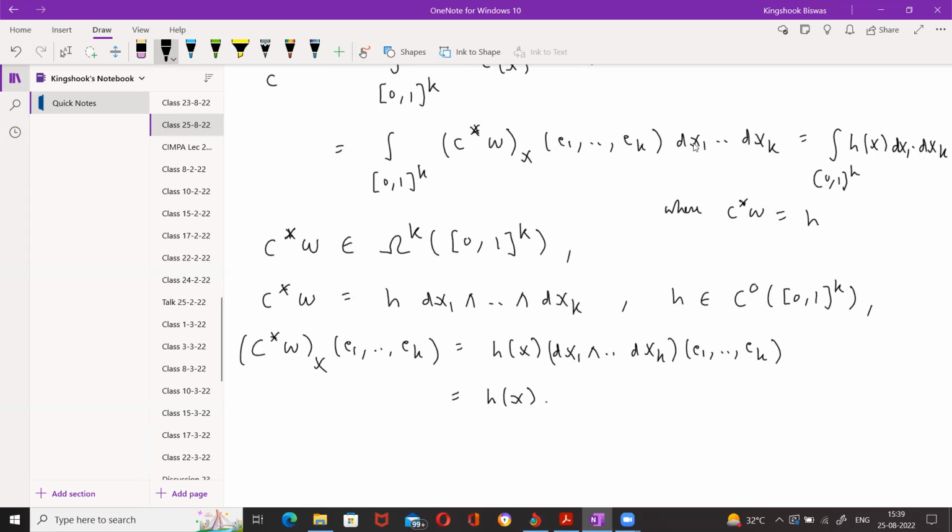That is, c star omega is h dx1 wedge ... wedge dxk. Is this clear? Yes. Okay, all right.